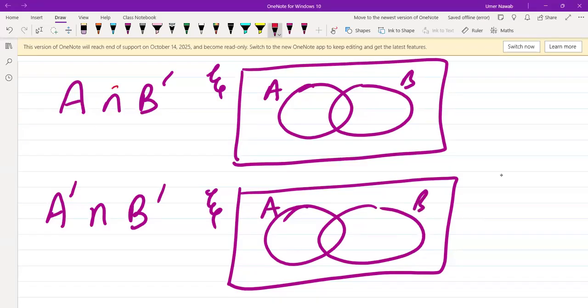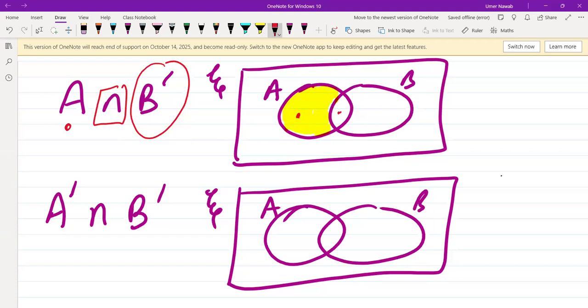Now, which operation is in between? Intersection. So don't shade. Use a dot method. B complement is a little bit hard. Why not? For this region I put a dot because it is coming in A. And here I put a dot because that is also in A. Now check which dot is outside of B. So this dot is outside of B. So I'm just going to shade that one. Don't try to shade that region which is not considered in the dots.